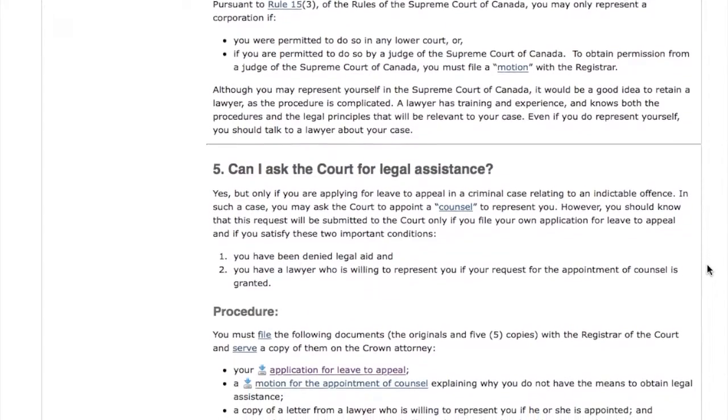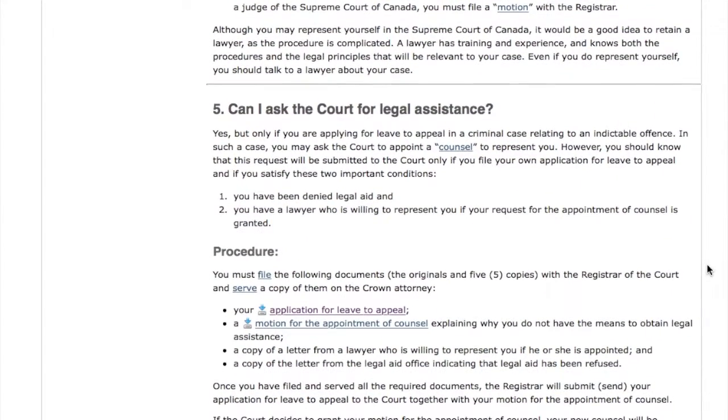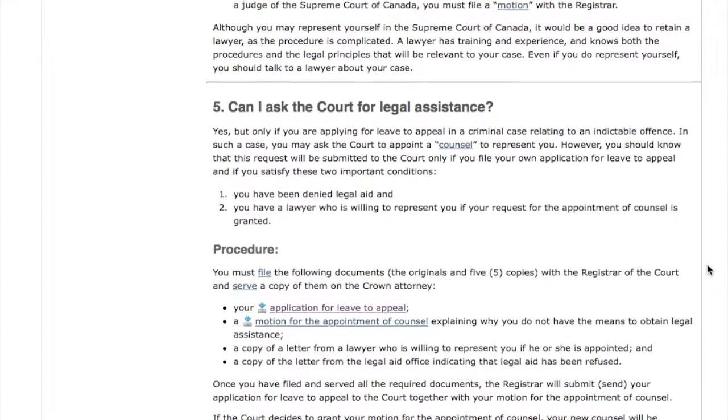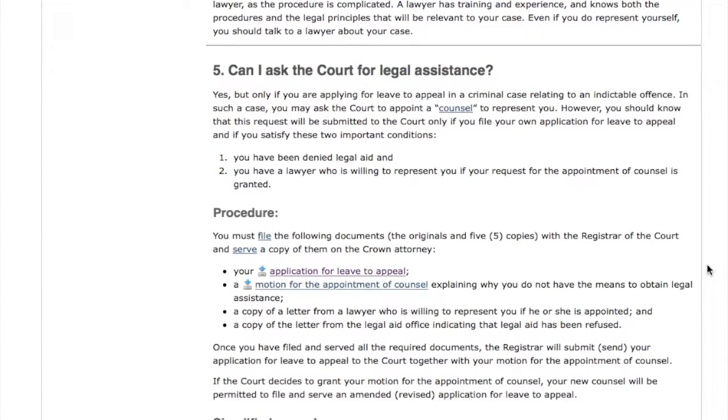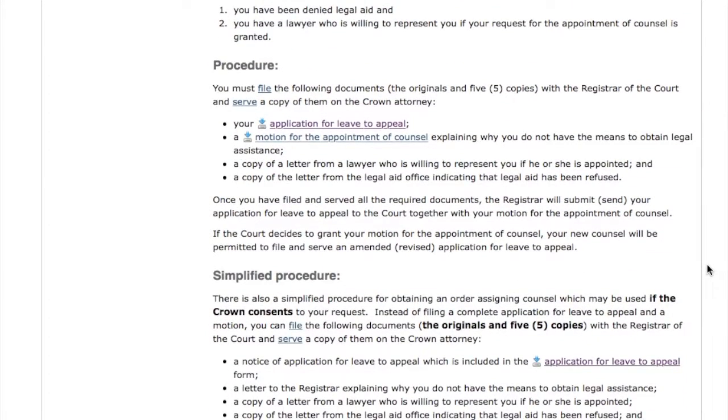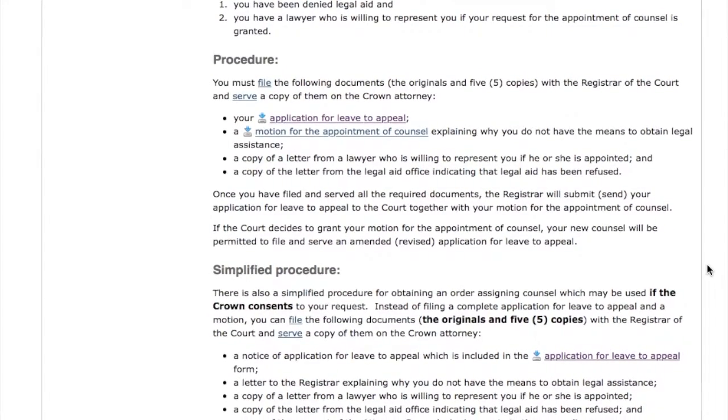If you're suggesting that a law has violated the Charter, this is a good reason for the court to allow your case to proceed to appeal. There's a second reason, I don't know if I get to it in this screenshot video, but there is a simplified procedure.